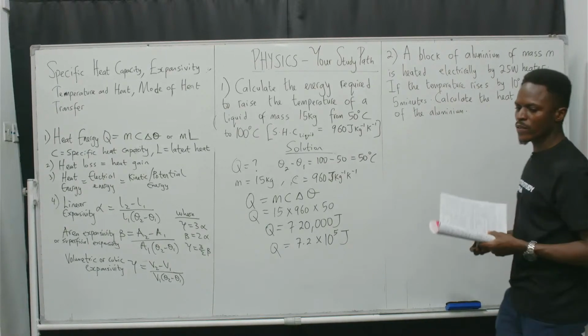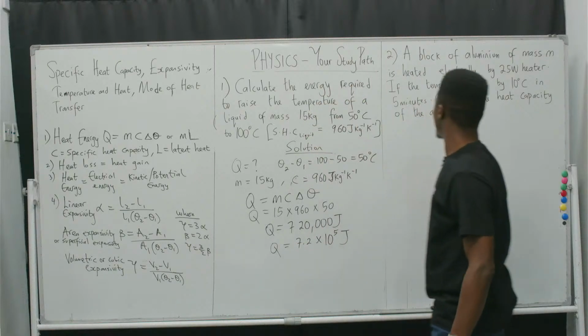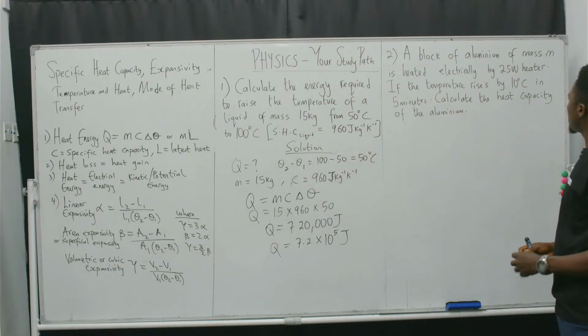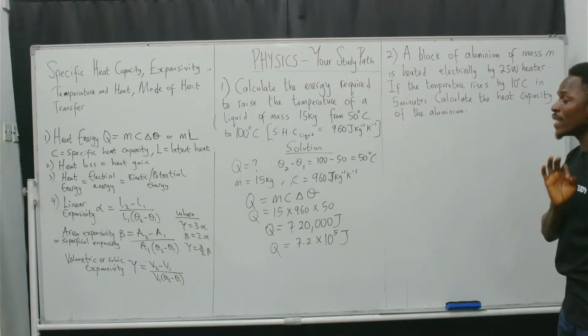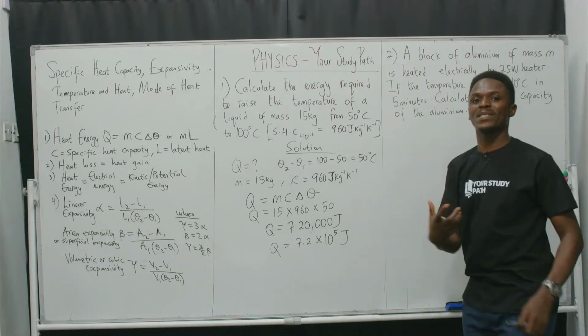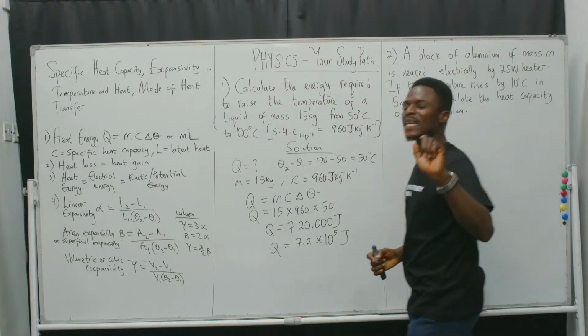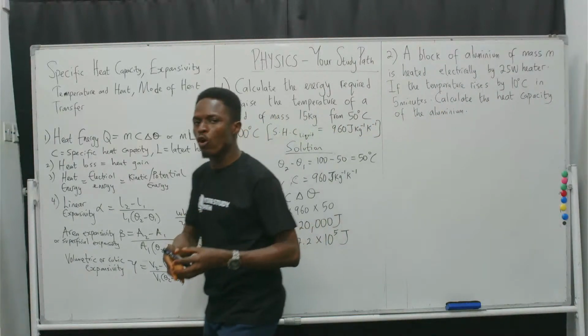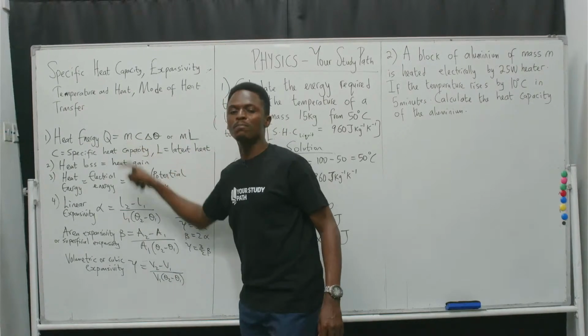And someone will look at this question and will be like, oh, there's something wrong with this question. How come they are making reference to heat capacity and mass is not given? Yes, they can ask you to calculate heat capacity. Remember at the intro of this class, I said heat capacity is a product of your specific heat capacity and the mass.